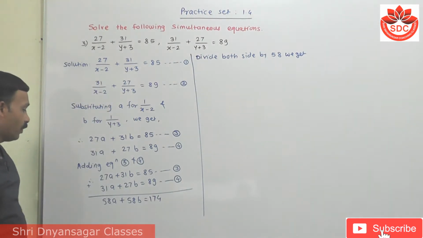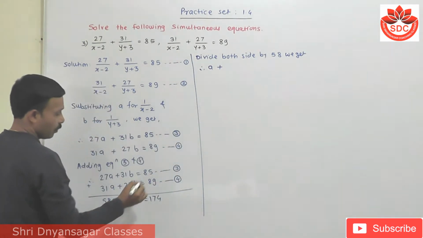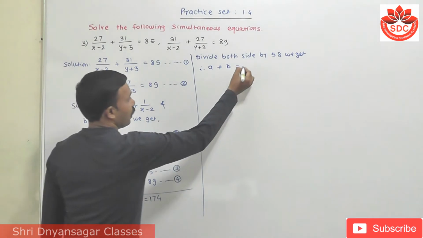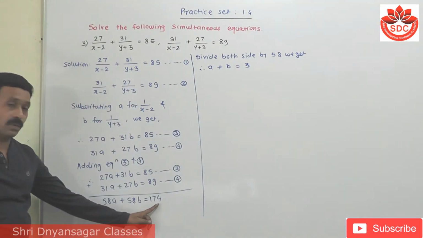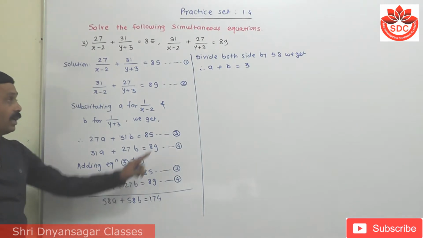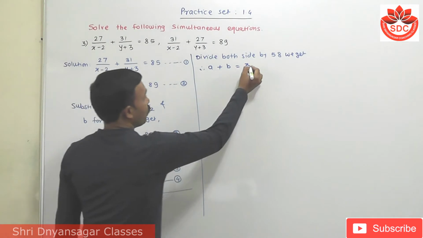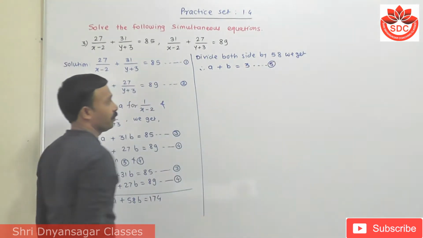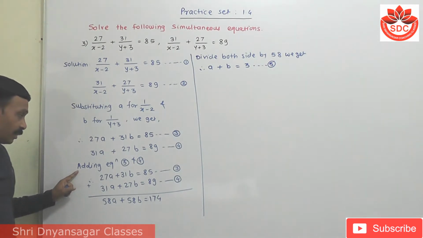When we divide by 58, it becomes a plus b is equal to 3. When we divide 174 by 58, we get 3. This is our next equation, suppose equation number 5.